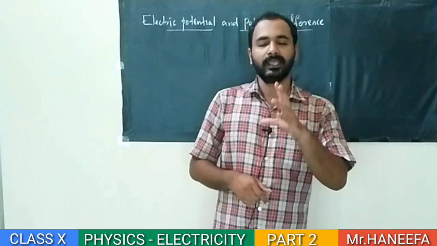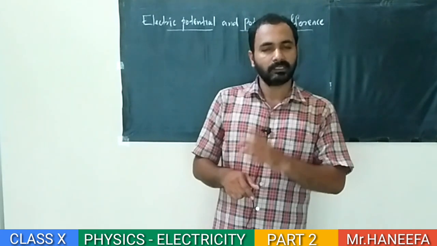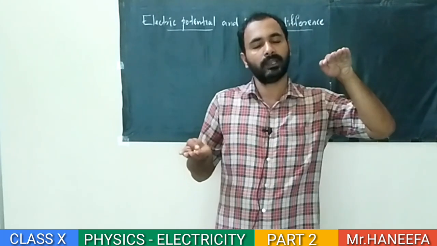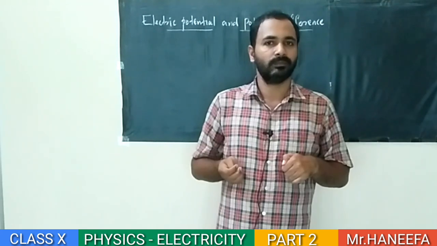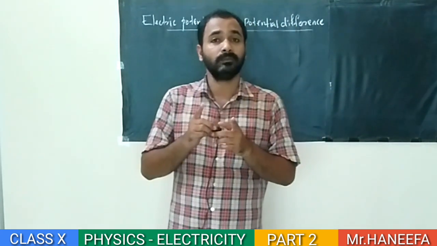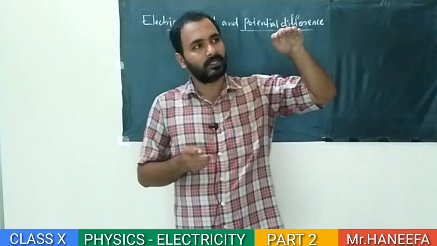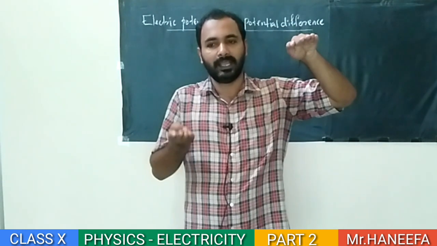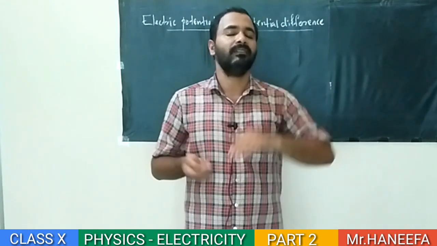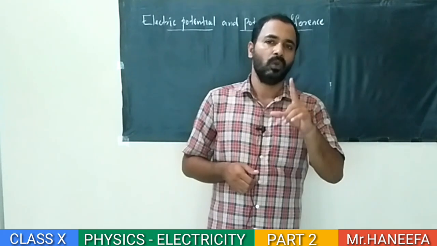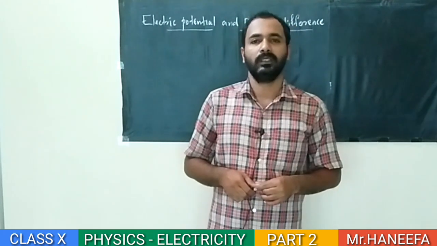Okay. But in the case of electric current, does it flow from higher level to lower level? Electric current flows from higher level to lower level and lower level to higher level also. So, what is an electric potential?